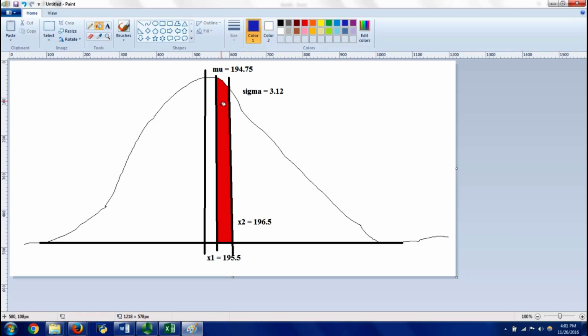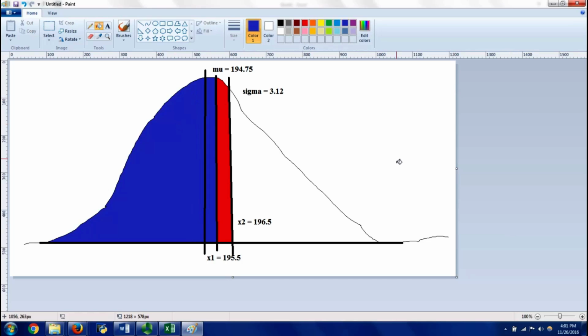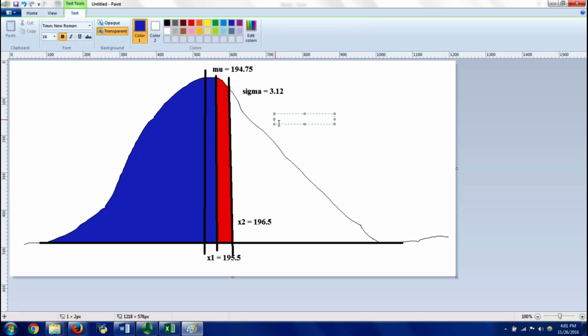But norm dist is going to give me only left-tail probabilities. By definition, that's what it can give me. So I can only do this by taking the blue area, which equals norm dist for x1, mu, sigma, 1.